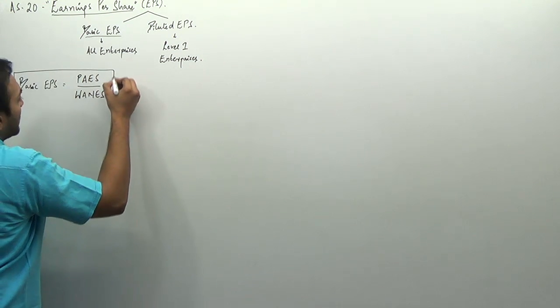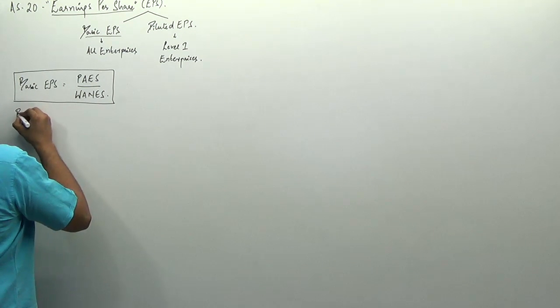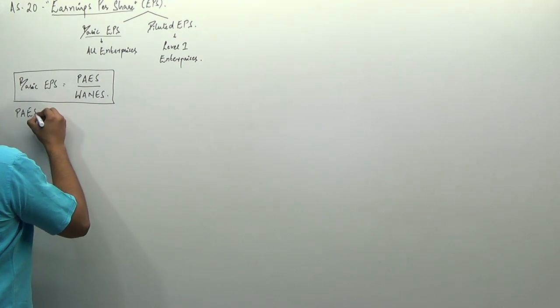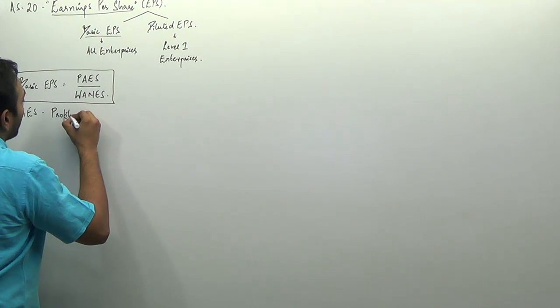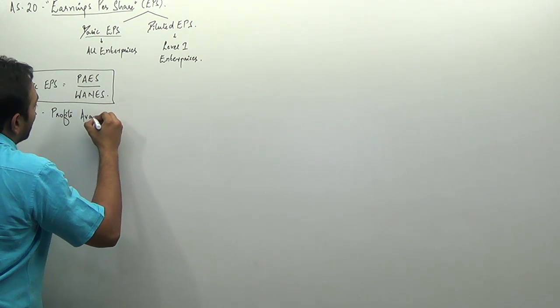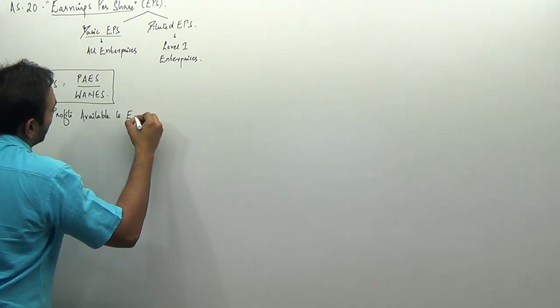Let's understand. The numerator and the denominator part are very important to understand. The first one is PAES. Numerator part, this is nothing but profits available to equity shareholders.